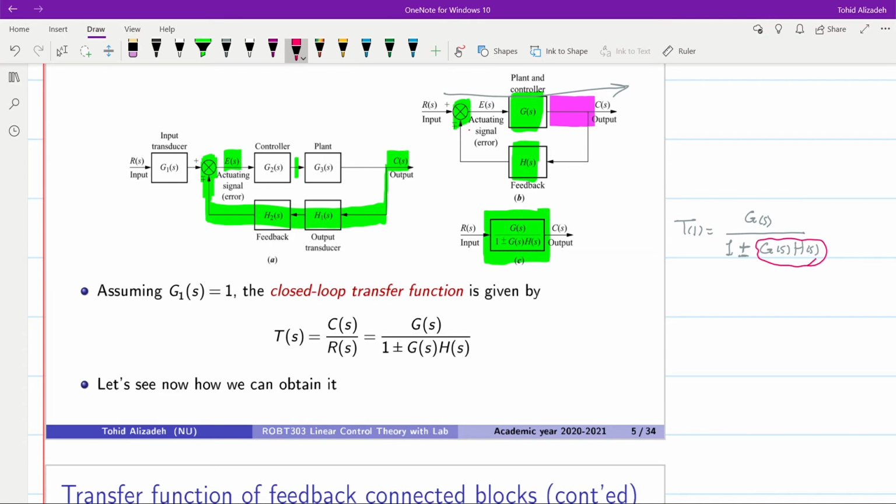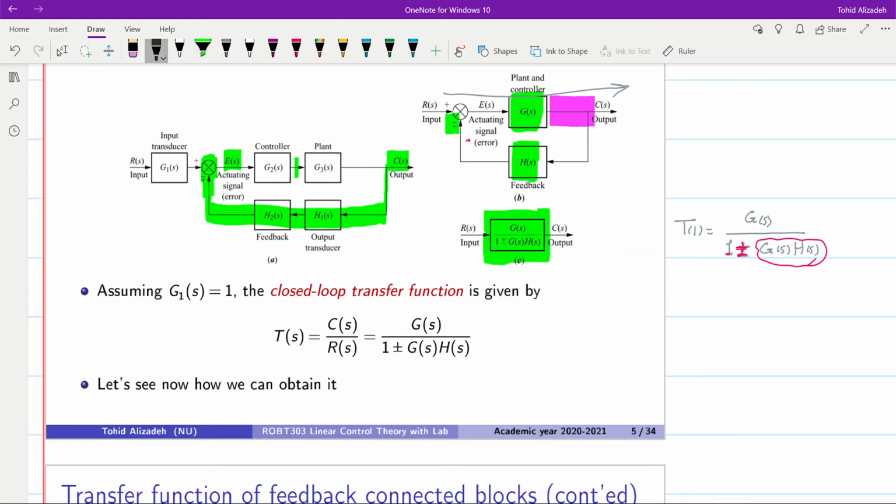And basically it's what we have over here. You can see that we have H times G. You should also pay attention to the sign that we have here at the denominator, 1 plus minus. And if you look at the original sign that we have here, you see that it is in the form of minus plus.